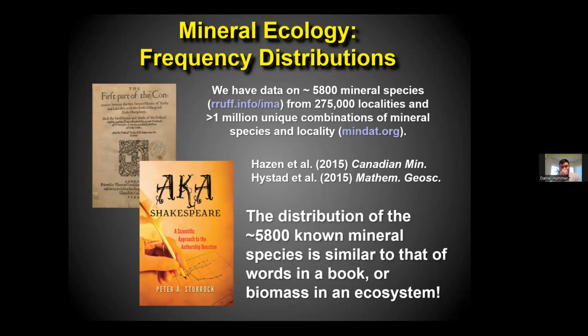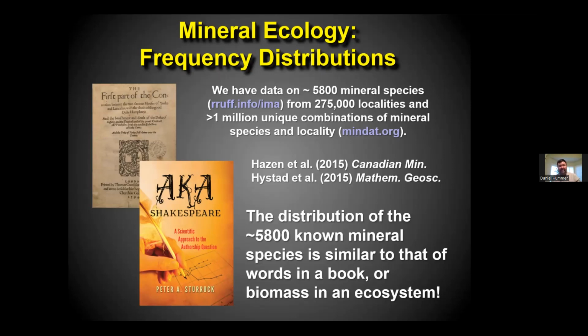And what that distribution is, you have just a few minerals that are very, very common, that occur all over the world, but then most mineral species are actually rare. And if you think about that, that kind of rings true. You've got quartz and the feldspars and the micas and some minerals that everybody has heard of because they occur all over the world.